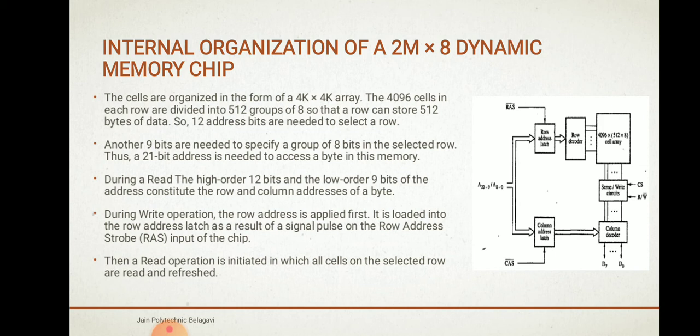The row address will be applied first, that is the address of the row will be fetched, and once we get the row address, a read operation will be initiated on that row. So all the selected cells that are present on that row will be read and will be again refreshed.